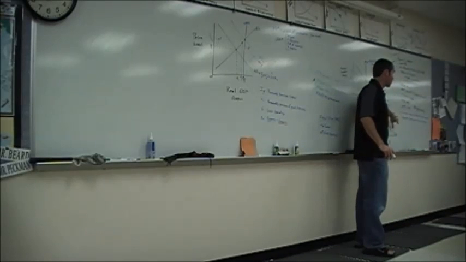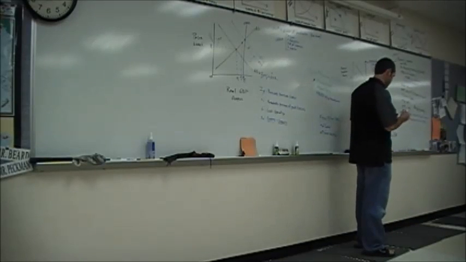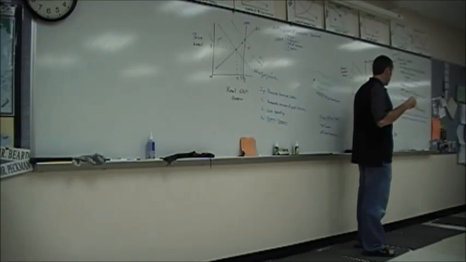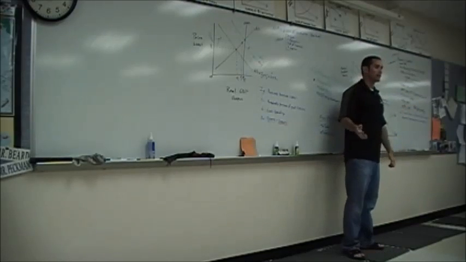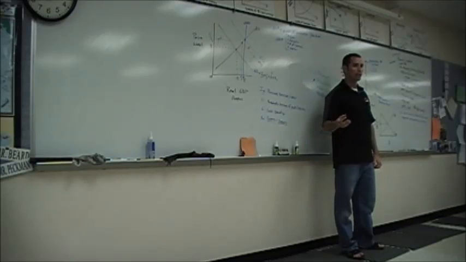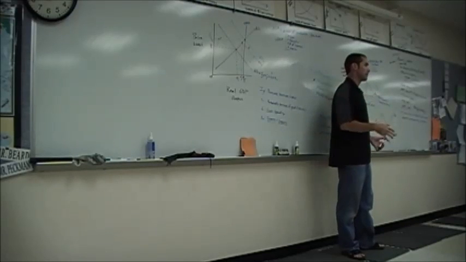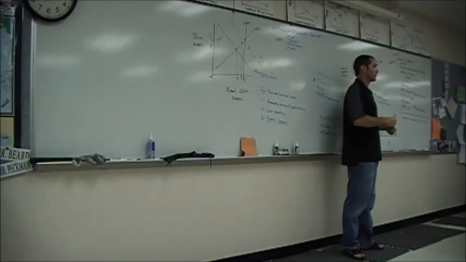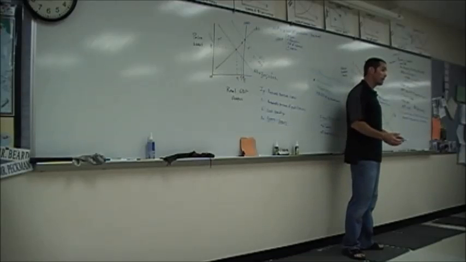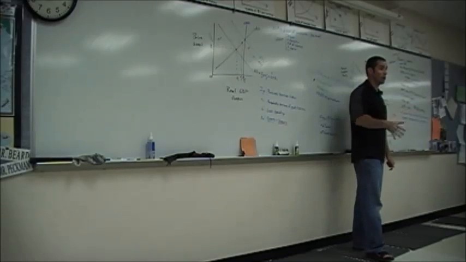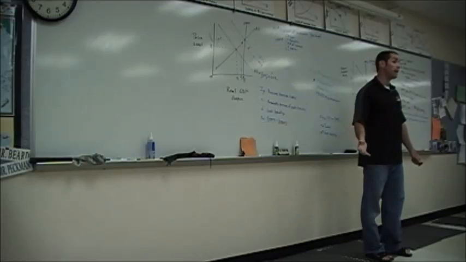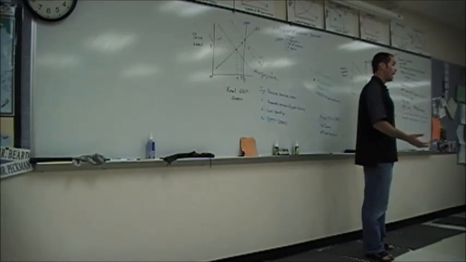So we have our foreign exchange graph right here. Domestically, we borrow money. Internationally, we invest. When you borrow money, you want to borrow at low interest rates. When you invest, you want to invest at high interest rates.